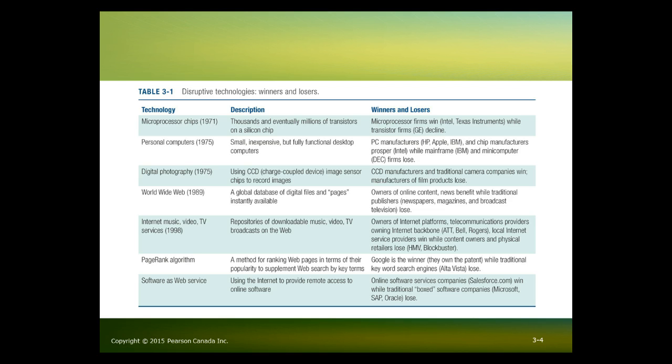So when we look at software as a service, we're going to look at a bunch of acronyms. We're going to look at software as a service, SaaS. We're also going to look at platform as a service. These are acronyms, of course. This industry is full of acronyms.